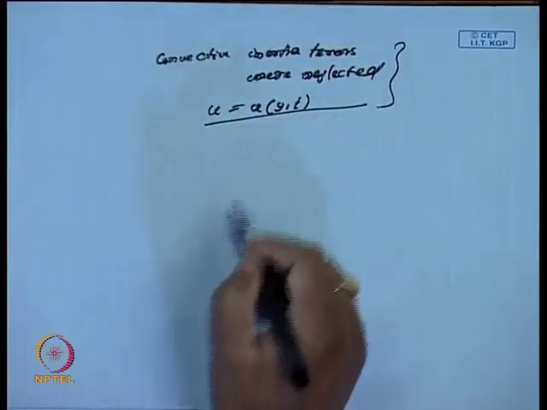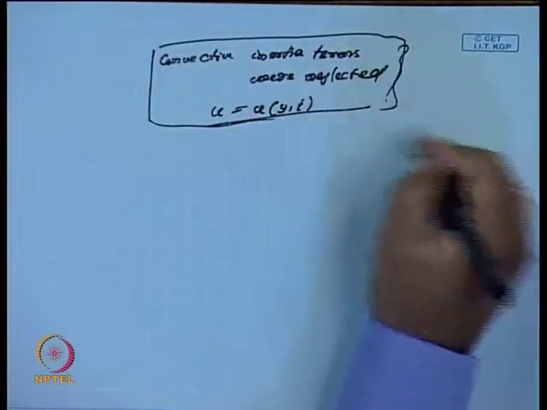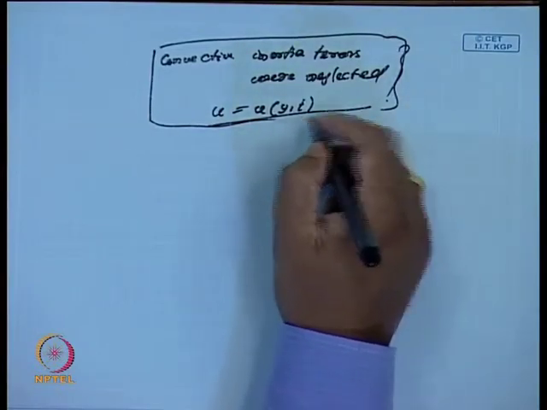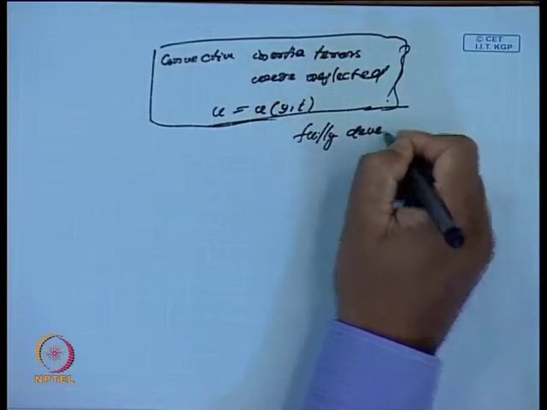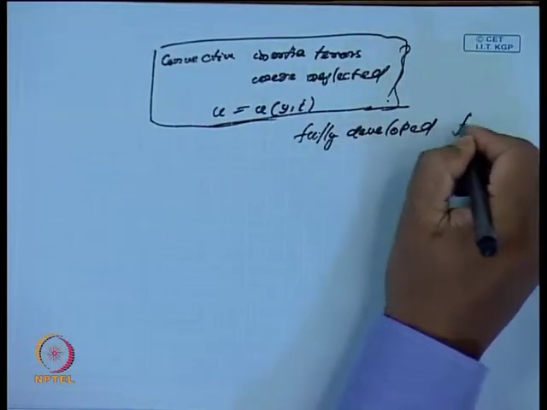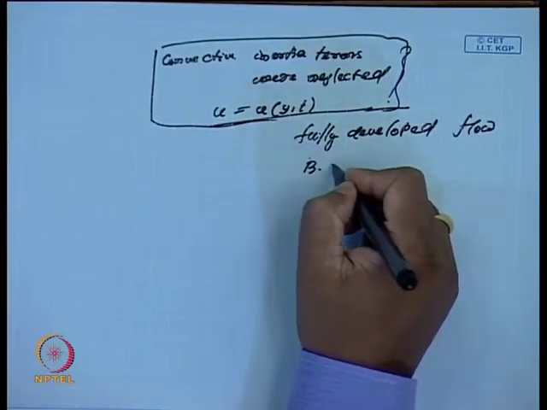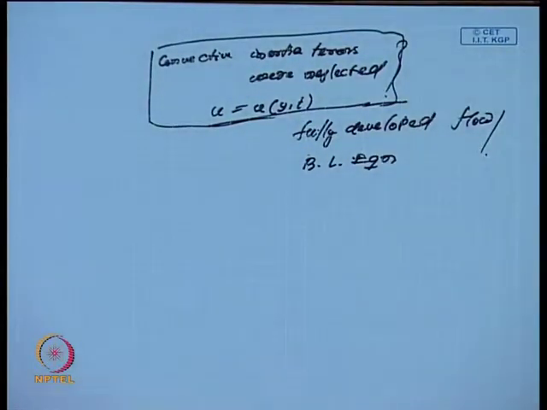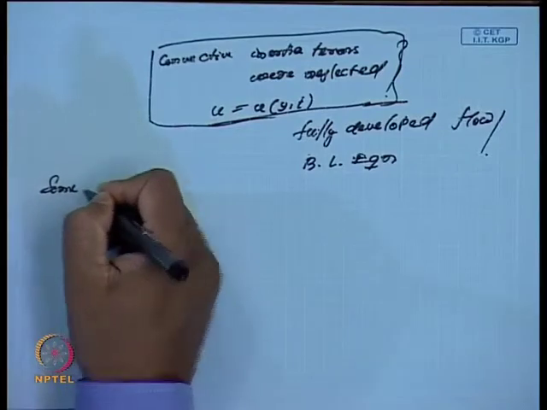So, this is one of the basic differences between the laminar flow and the boundary layer flow, the boundary layer equation, that is fully developed flow.